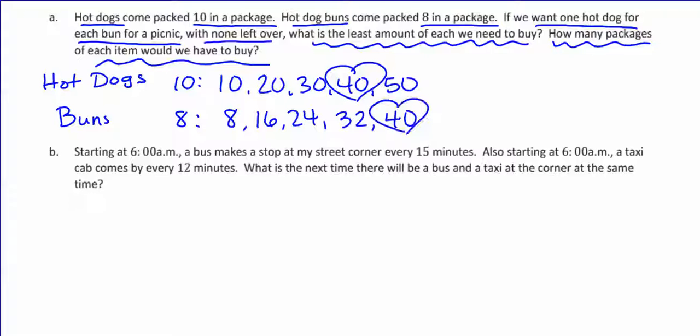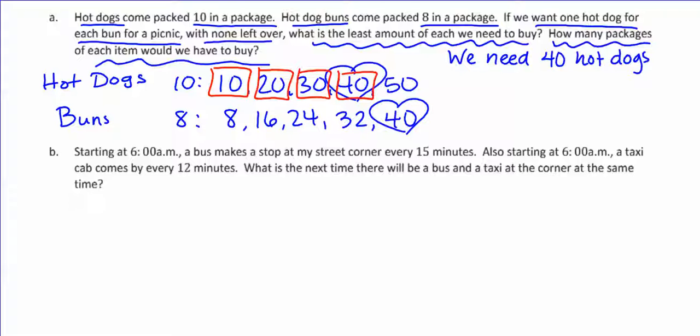So we need to buy 40 hot dogs and 40 buns. We need 40 hot dogs. How many packages of hot dogs are there if we're buying 40? Michael? 4. 4, very good, because this is package 1, this is package 2, this is package 3, this is package 4, right?